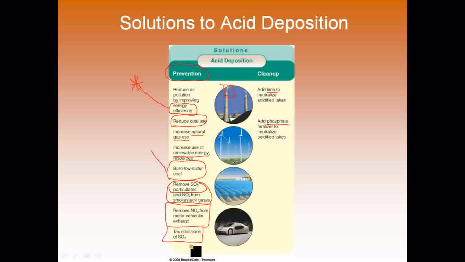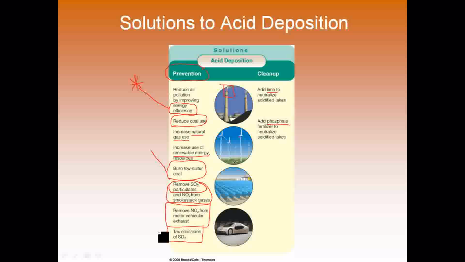There are certain minimum standards of sulfur that's allowed to come out of the smokestacks, and we can tax companies that fail to comply with those sulfur emissions. We'll talk more about that as a pollution control issue in the next video as well.